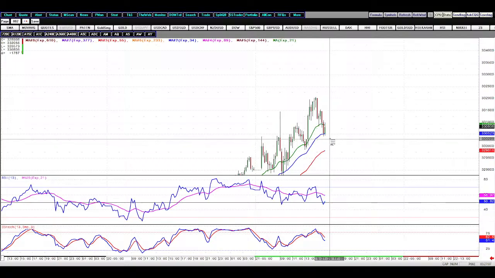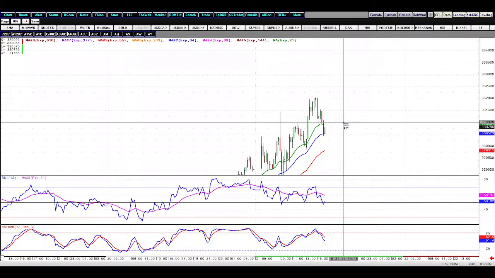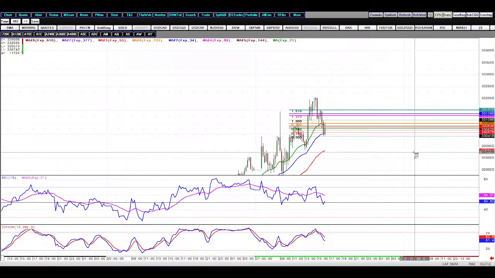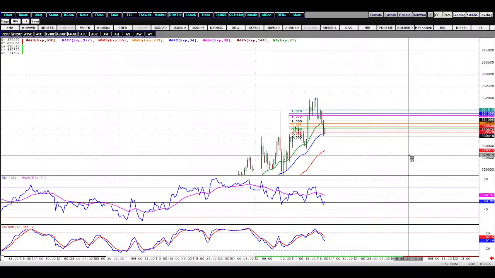Once I close at 6, I'll go for a re-entry to sell at 10 half and 13 half. So I wait for my price to close. Once it's closed, then I'll go for a re-entry.